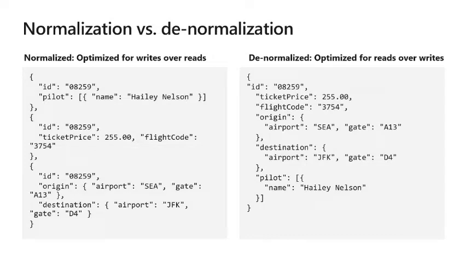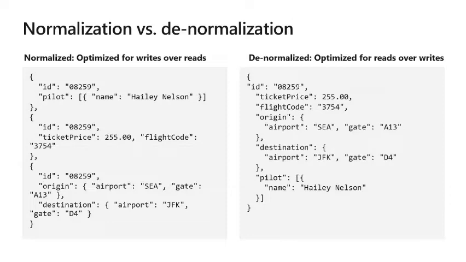Normalization versus denormalization. When you design data for a NoSQL system, you must decide between a normalized and a denormalized data structure. Update operations update the entire document, not specific fields or parts of the document. When updating the entire document, risks and benefits are associated with minimizing or maximizing the number of documents in your data structure.